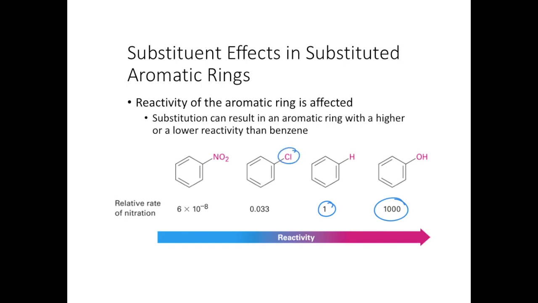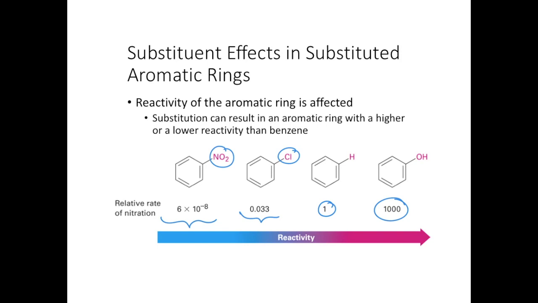However, if we add a halogen, that is much less reactive, and then if we add a nitro group, that is significantly less reactive. So the key here is whether the substituent adds or takes away electron density from the benzene ring, because the benzene ring is acting as a nucleophile. So the more electron density it has, the faster it will react.